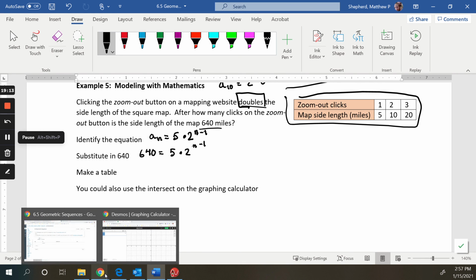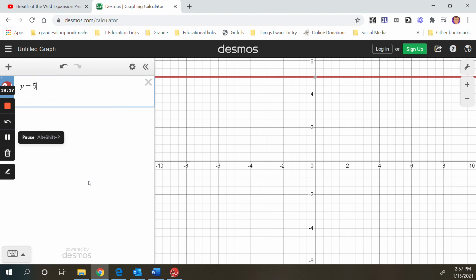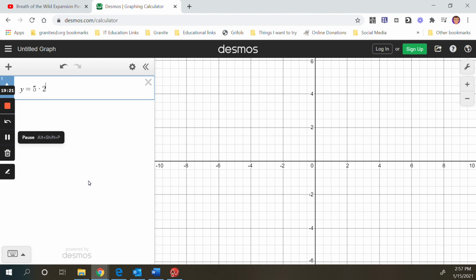All I'm going to do there is y is equal to 5 times 2 to the power, rather than n, we'll do x. Need to get all of that. So x minus 1. Put it in parentheses so that it'll stay in the exponent. So we've got that.